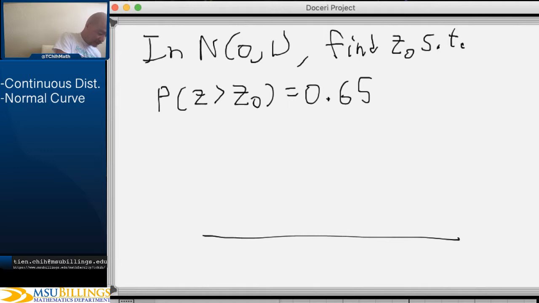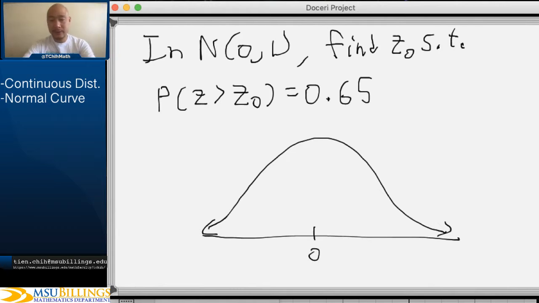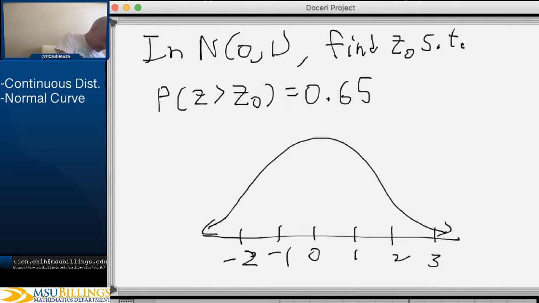Here we have a normal curve whose mean is 0, and the standard deviation is 1, and so that means most of this curve is going to fall between 3 and -3. About 99.7% of the curve falls within that range.